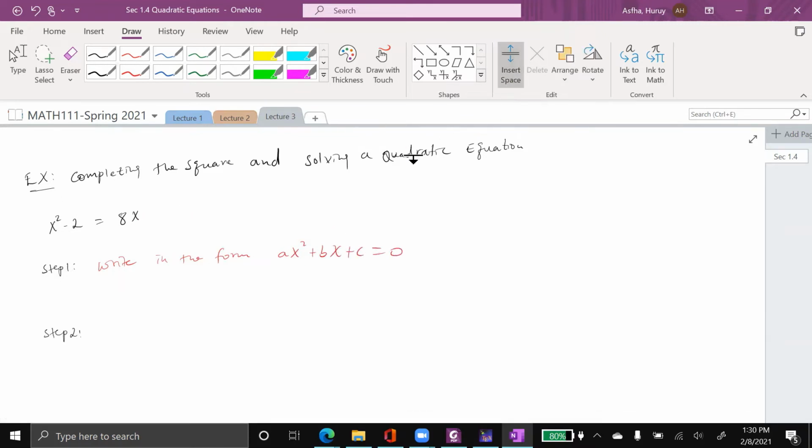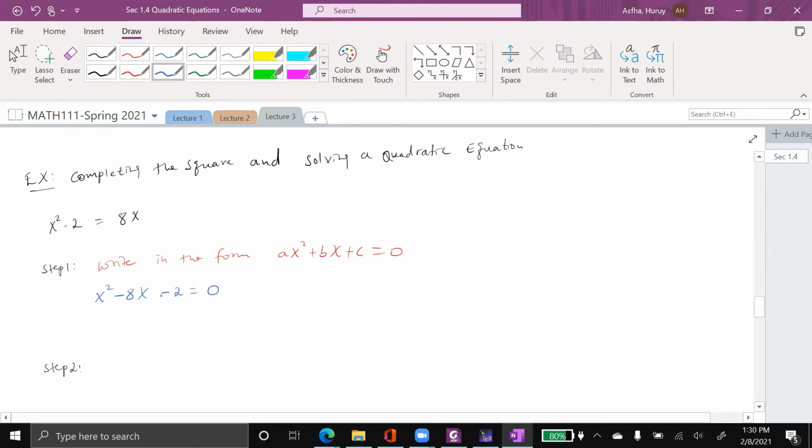Now, how do we write this one in this form? Well, we need to bring this one to the left side. Therefore, this becomes x squared minus 8x. We just subtract 8x on both sides. Minus 2 equals 0.